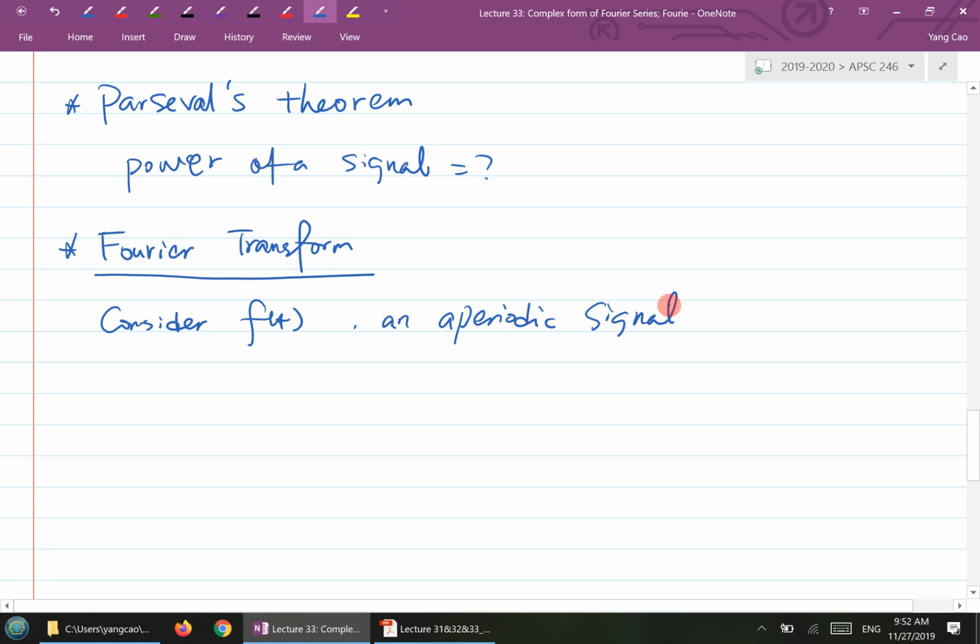The previous one, Fourier series, deals with a periodic function. Now this time, we're considering an aperiodic signal. So if I plot it, maybe this is what this f of t looks like.